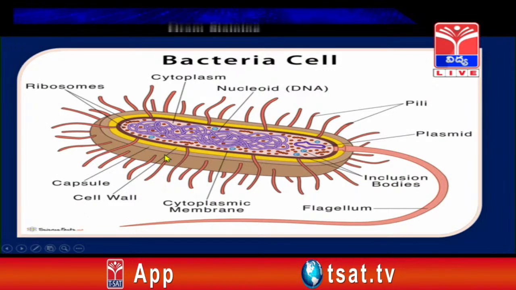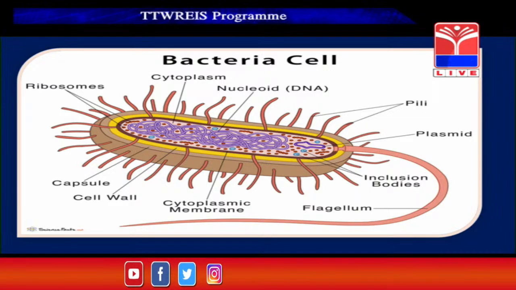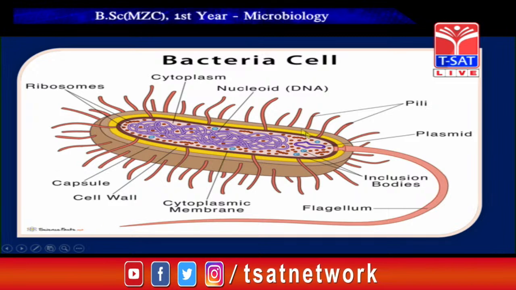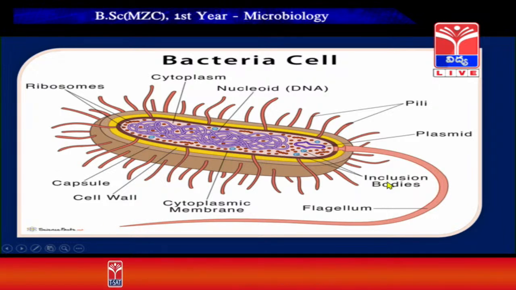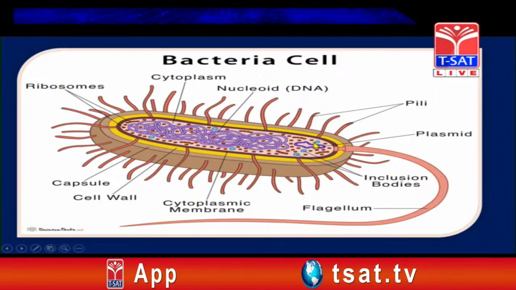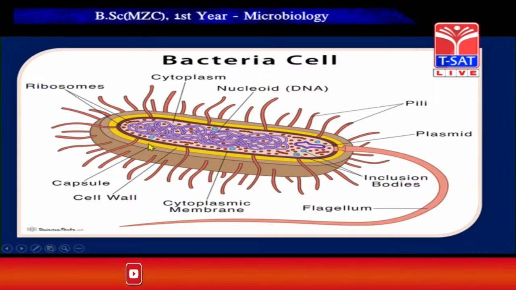They play a major role in the protection of bacteria, like flagellum. So, this is the flagellum, and these bodies are called inclusion bodies, and these rod-like structures are known as plasmids, and these finger-like projections are called pili, and this layer is known as capsule.